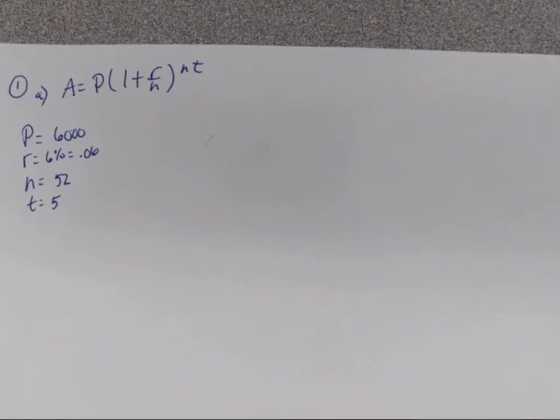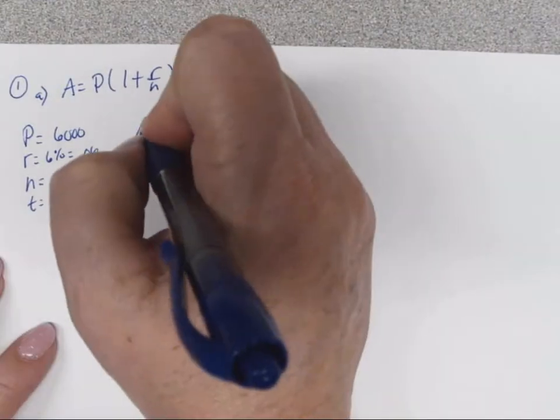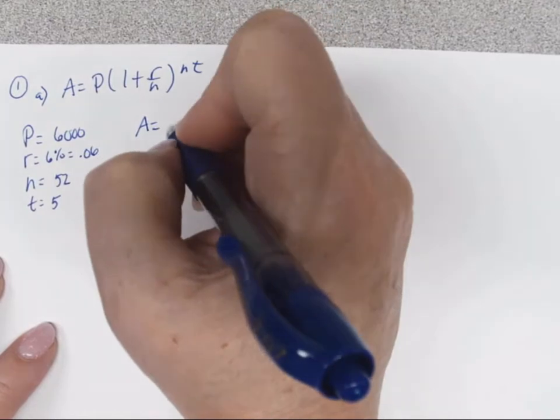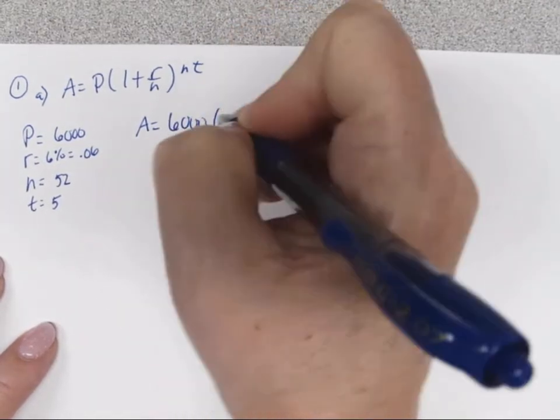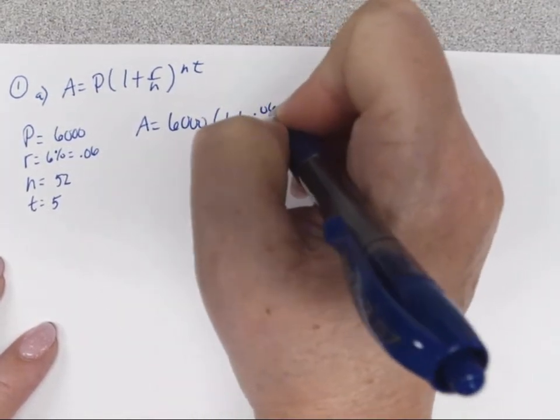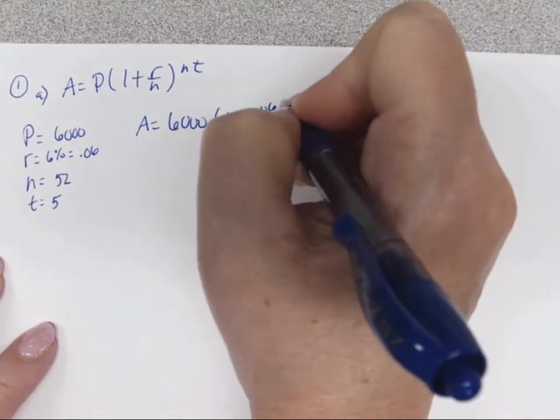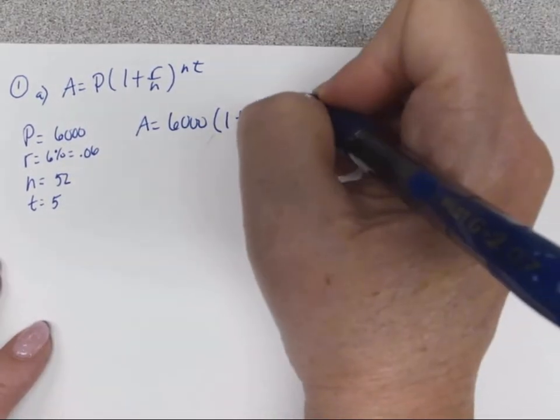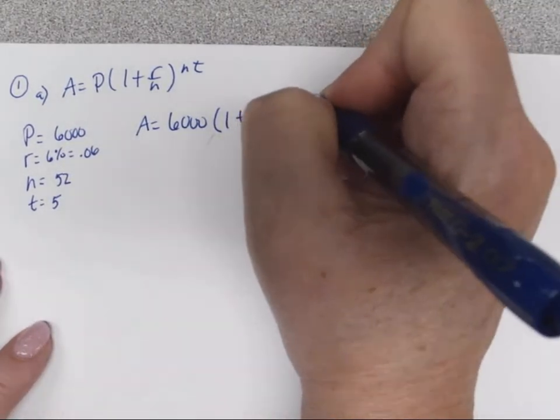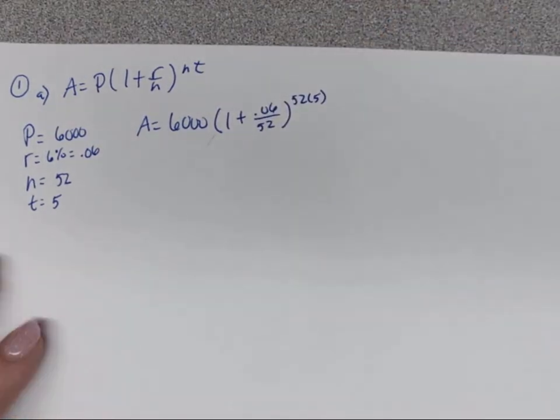Monthly, of course, 12, because there's 12 months in a year, and weekly is 52, because that's how many weeks come in a year. So now what you need to do is set this up in the formula. So A will be equal to 6,000 times (1 plus 0.06 over 52) raised to the power of 52 times 5.